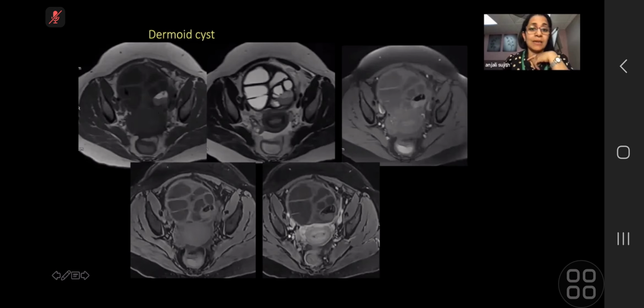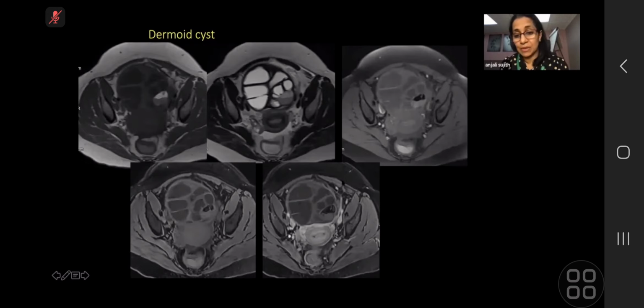So here we have a multicystic, complex adnexal mass, which has predominantly low signal in T1 with focal areas of high signal, which is getting suppressed on T1 fat saturation. On T2, the fat remains intermediate signal, the rest is showing fluid signal, and there is no enhancement in the post-contrast image.